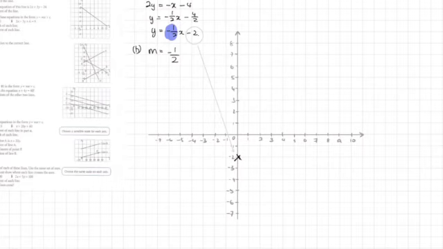If I put x = 1, it's going to make it difficult. So instead, I'm going to put x = 2, because that way I'll get a whole number. So when x = 2, y = -1/2 multiplied by 2, minus 2.